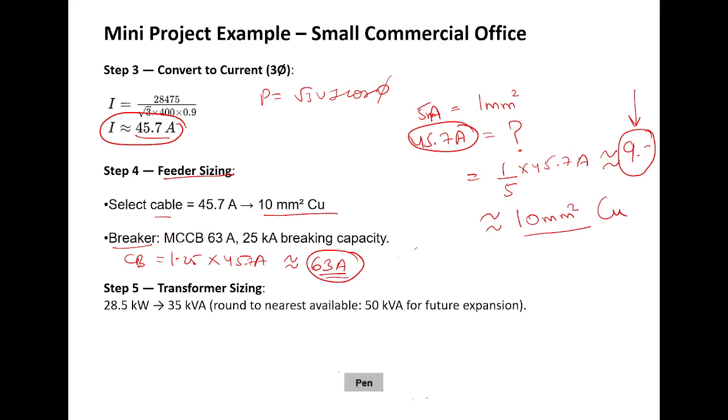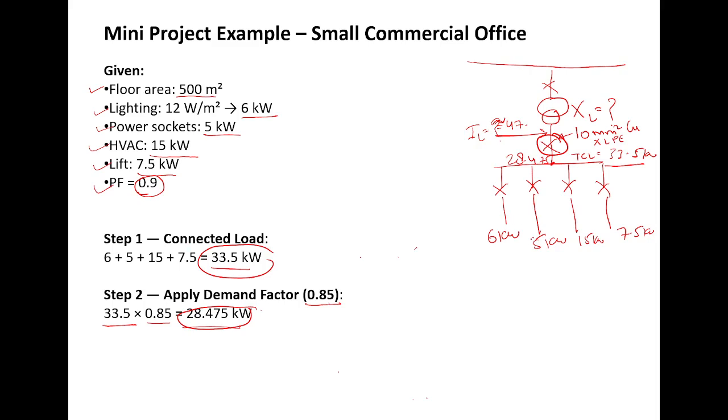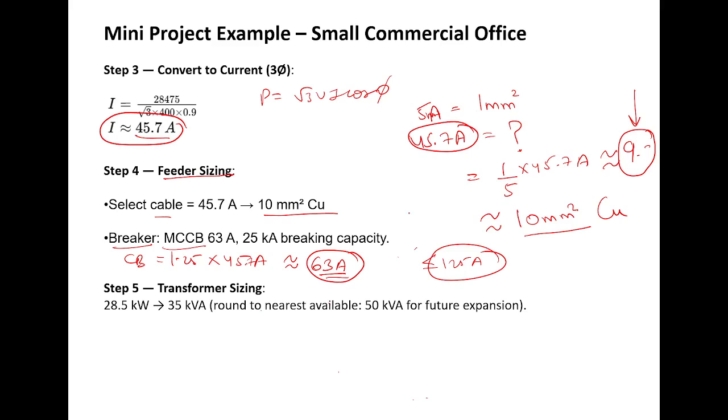While I was telling you up to 125 amperes of current, you will go with your MCB. But here I am using MCCB. Why? Because this is my main panel or main feeder. So that's why I'm using MCCB. Now this is my cable size and circuit breaker size, 63 amperes of MCCB.